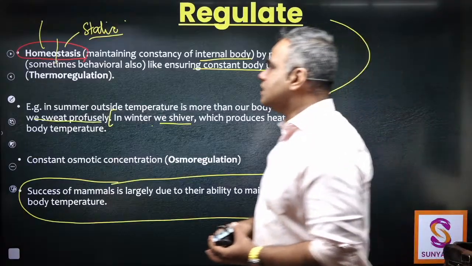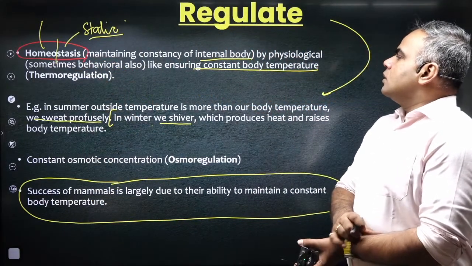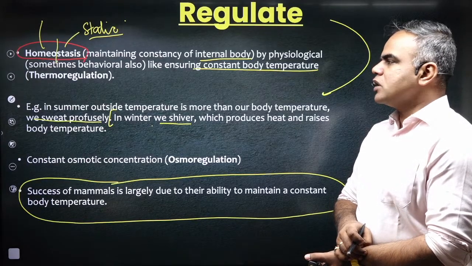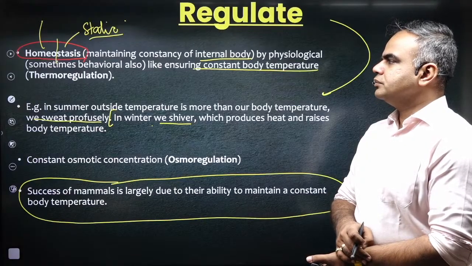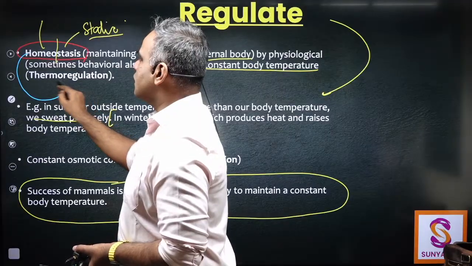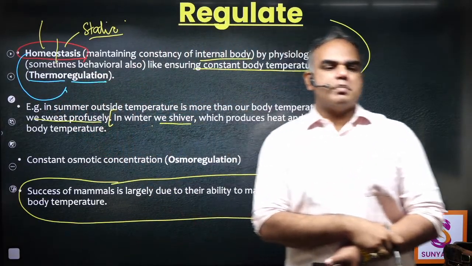Now here we'll write, of course we'll start with homeostasis. Homeostasis is maintaining constancy of internal body temperature, that you can write. And a more specific term under homeostasis is thermoregulation. Thermo means temperature, regulation means keeping a similar temperature.